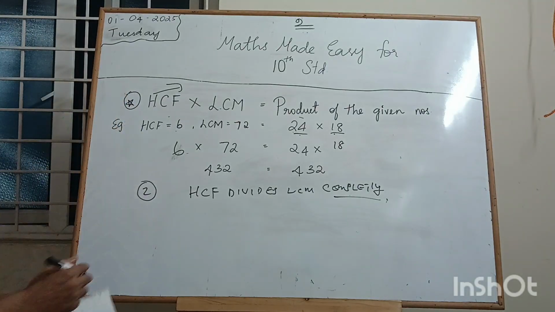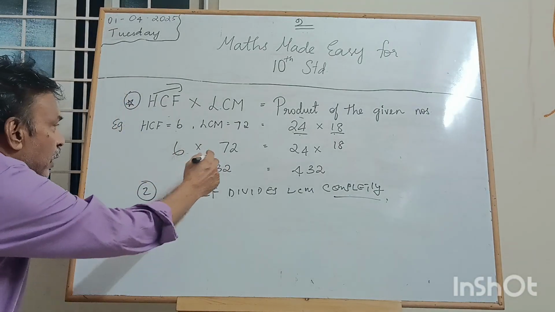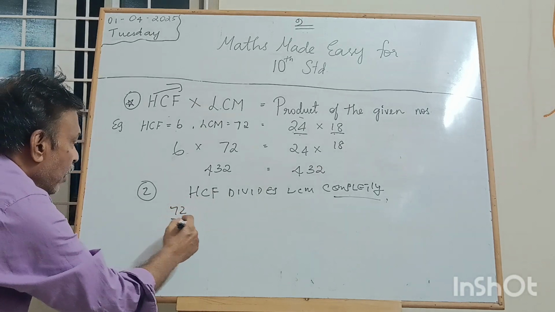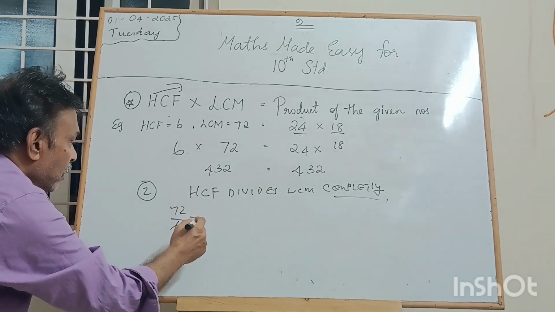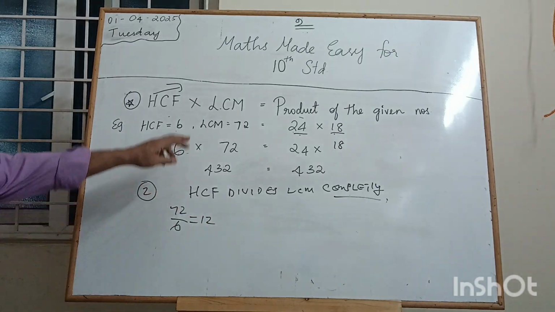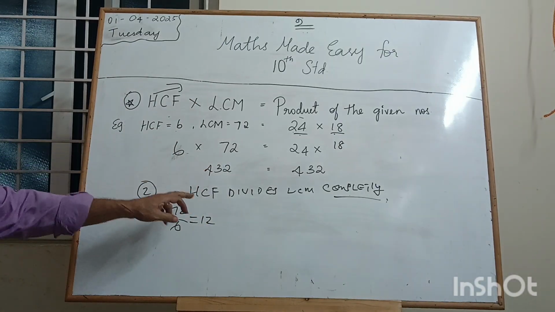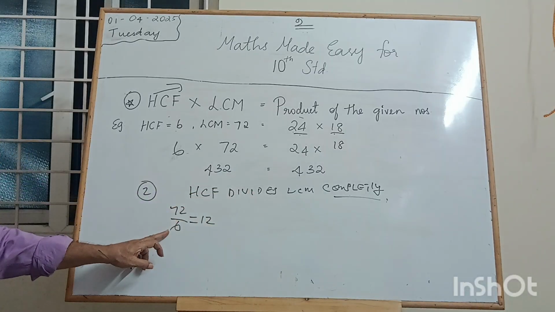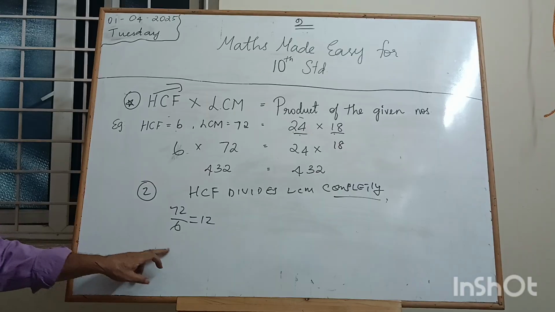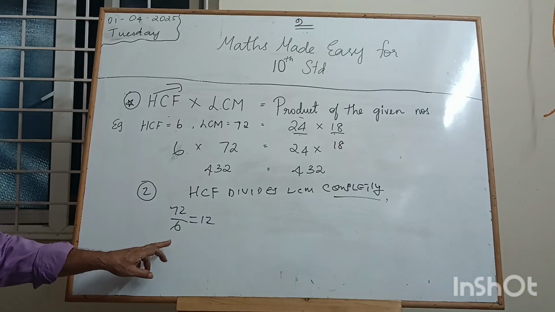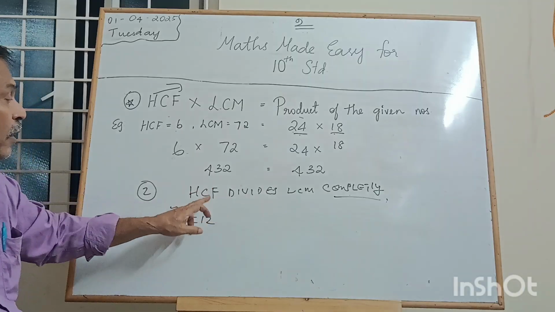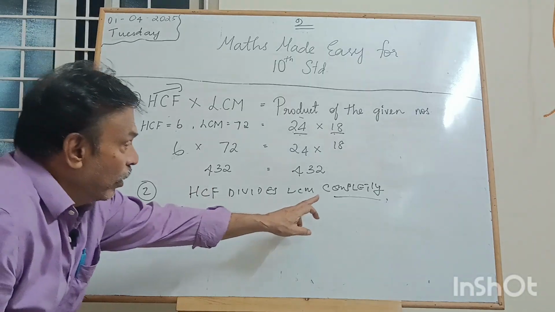What does it mean? See, this LCM is 72 and the HCF is 12. So if you divide this LCM by HCF, you should get a result without any remainder. The remainder should be 0. It should divide completely. So HCF divides LCM completely.